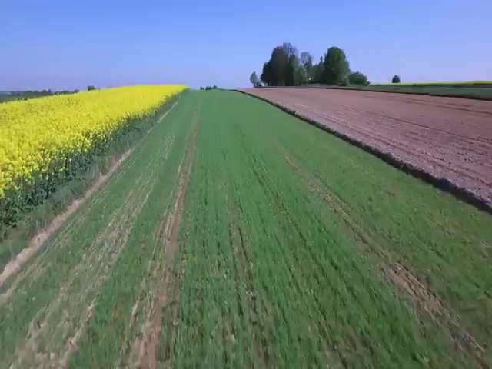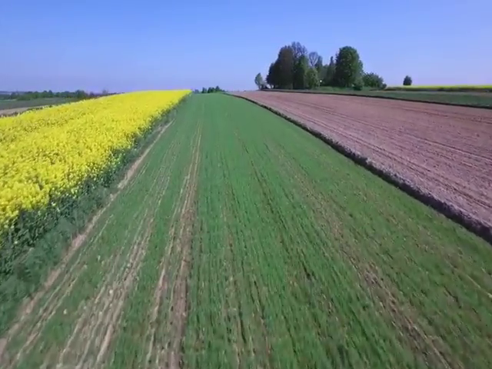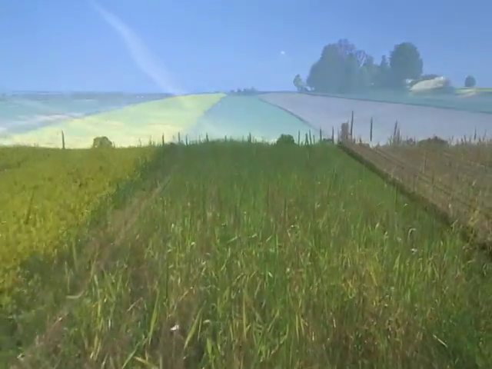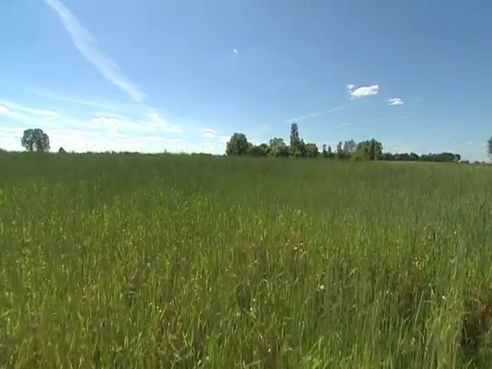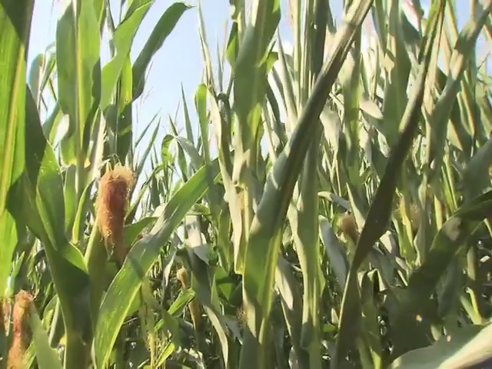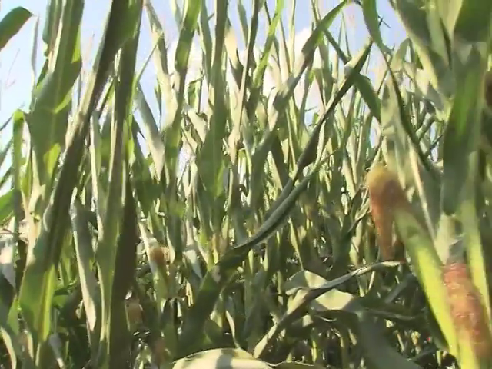Nearly half of the area of the Lublin region is occupied by arable lands. These are both fertile and poor lands.